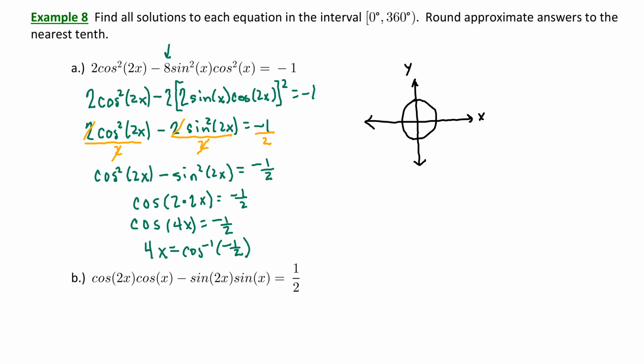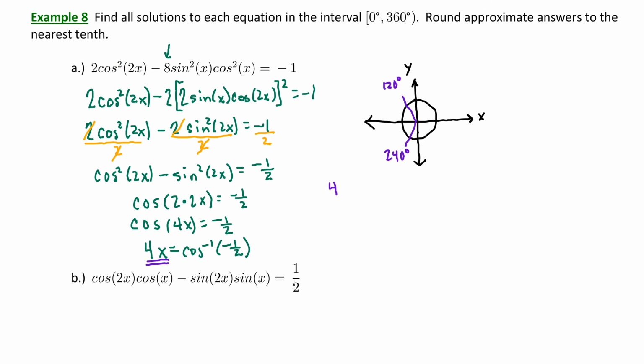Working in degrees, we can recognize that cosine of 120 degrees is -1/2. Cosine is also -1/2 in quadrant 3 at 240 degrees. Those two angles are not the solution to the equation. Those are the value of our multiple angle 4x.